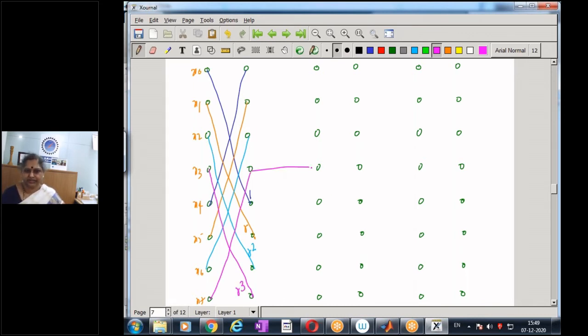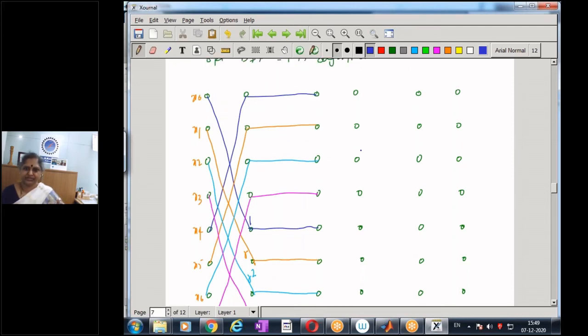So let's write the corresponding outputs. They'll be computed depending on the input signal. So this completes the first stage computation, and next let's do the second stage.